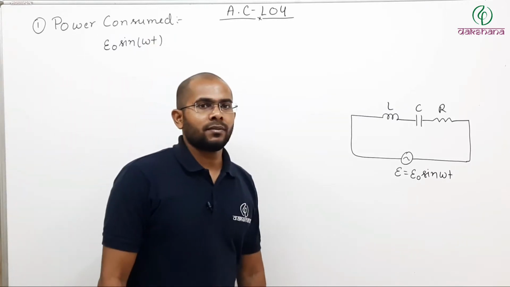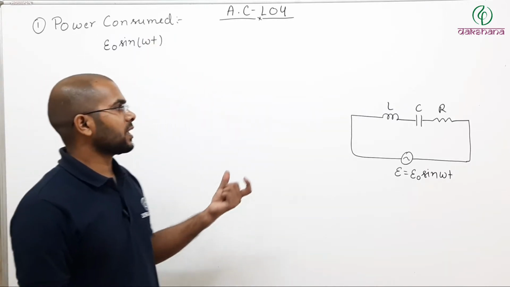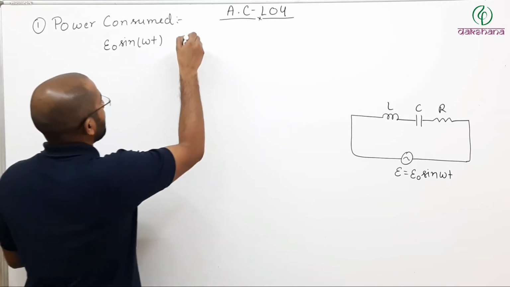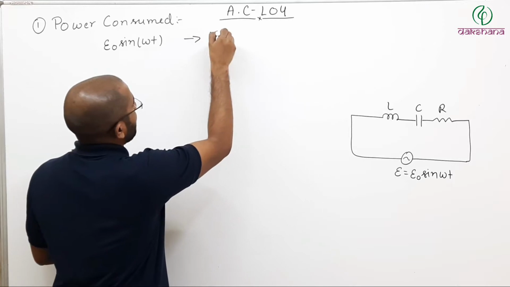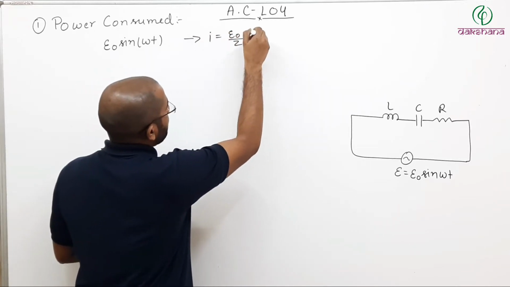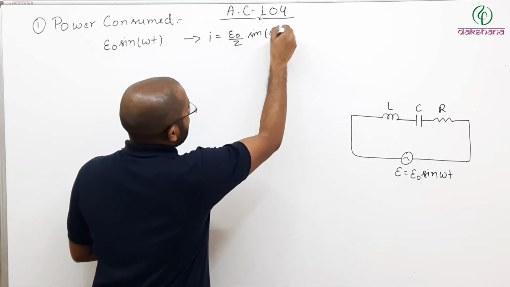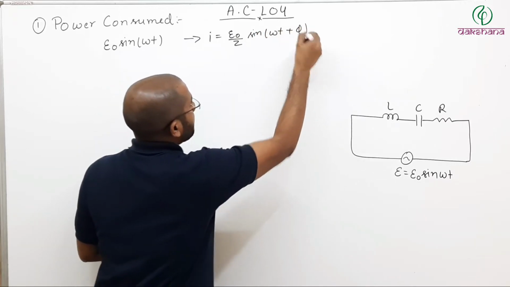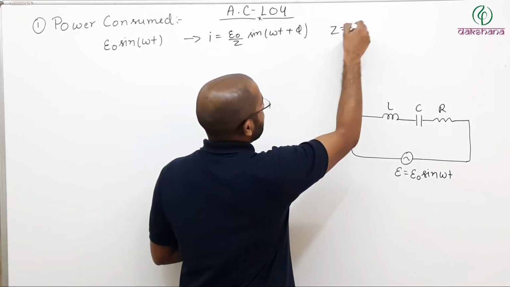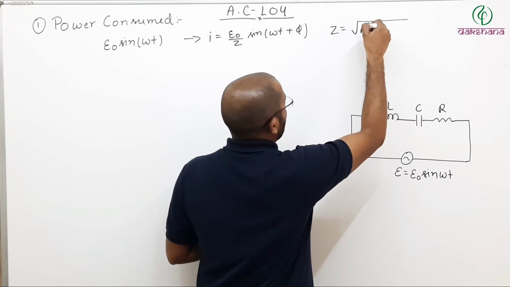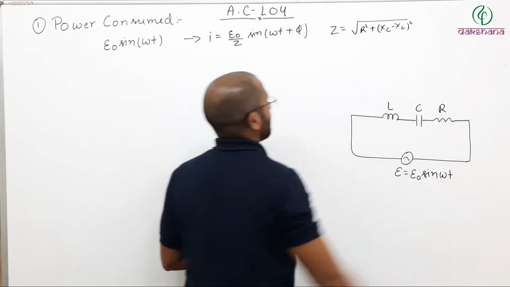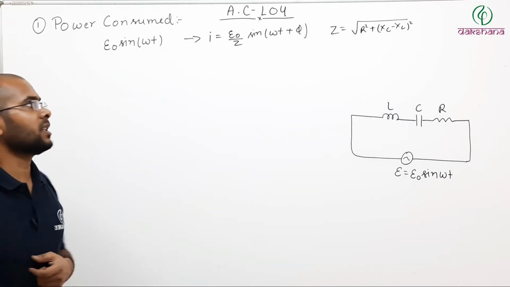If this is the EMF, then you have seen in series AC circuits there is a phase angle. So the current may be written as I equals I naught sine of omega t plus phi, where I naught is E naught by Z. Here Z is the square root of R square plus XC minus XL whole square, called the impedance of this circuit.